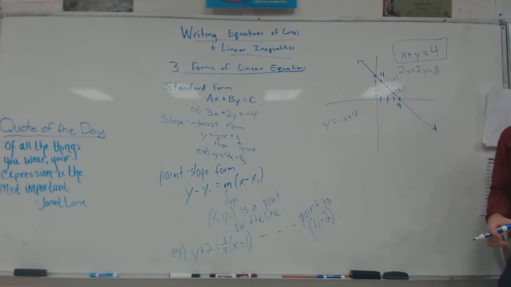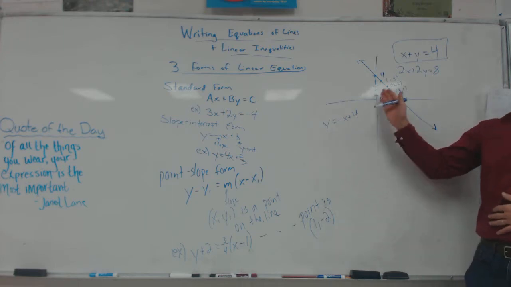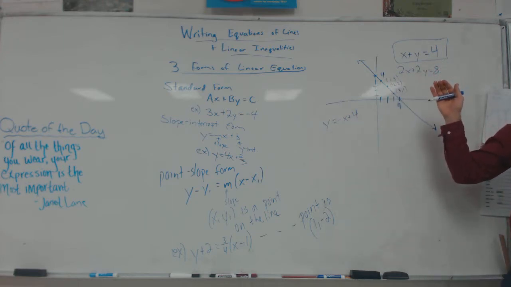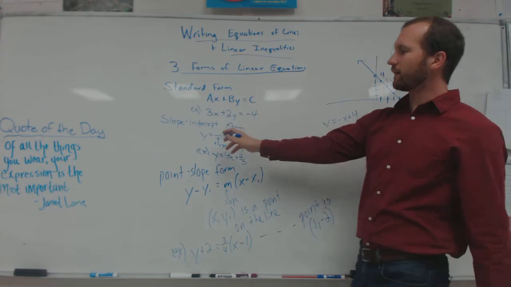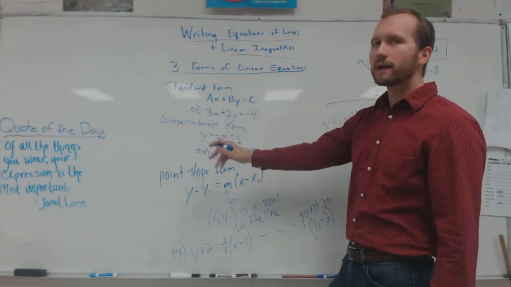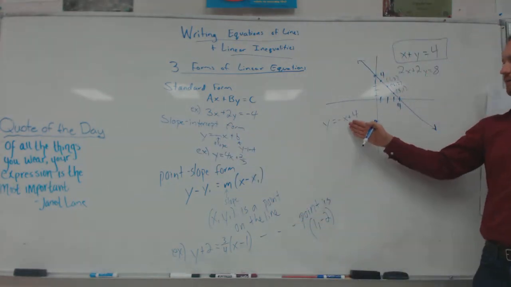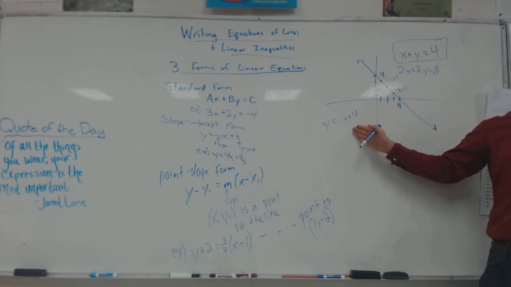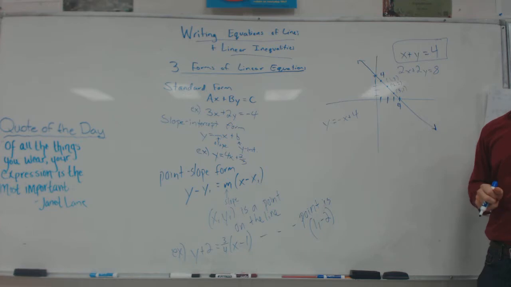Is there any other slope-intercept form I can write of this line? Could I multiply through by something like I did with standard form? I can't, because slope-intercept form has to just be y. So for every line, there's only one way to write the slope-intercept form. So couldn't the slope be different?